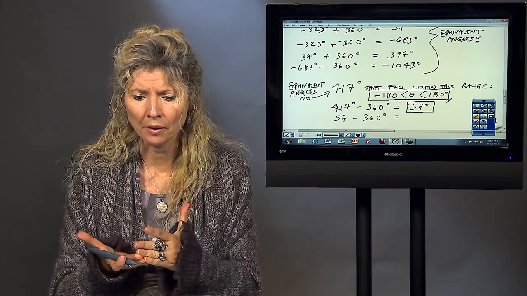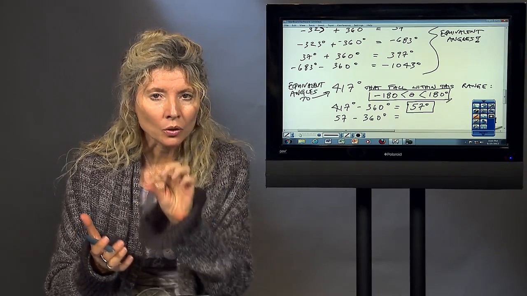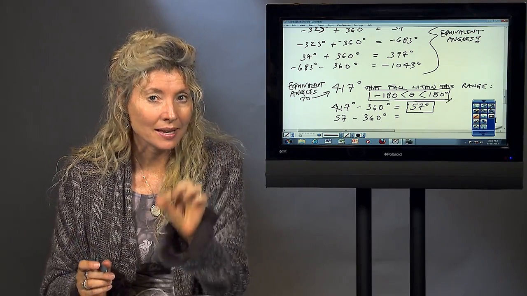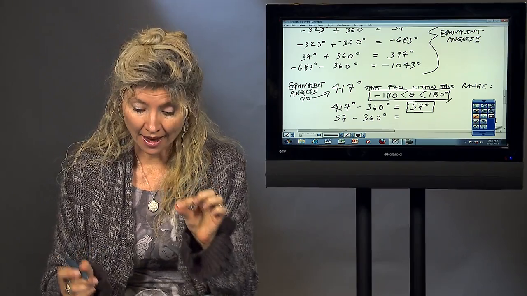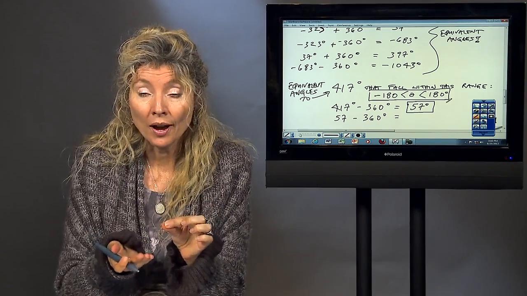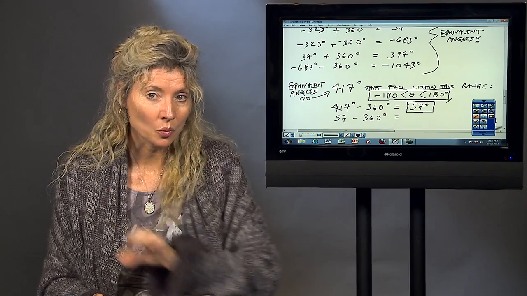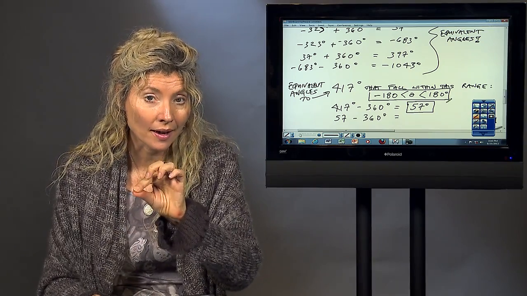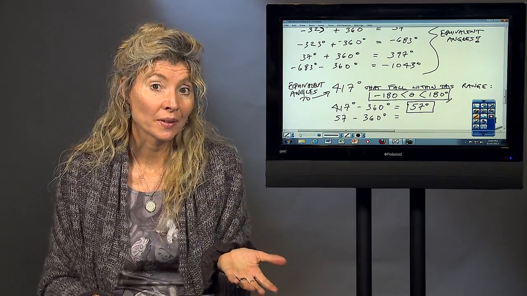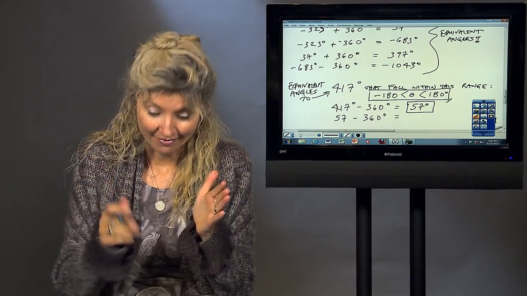We just want to figure out what angle is going to bring us back to the same exact spot that we originally were at. You were at 417 degrees, so you just want to come back to that same spot, but with an equivalent angle that falls in that range.